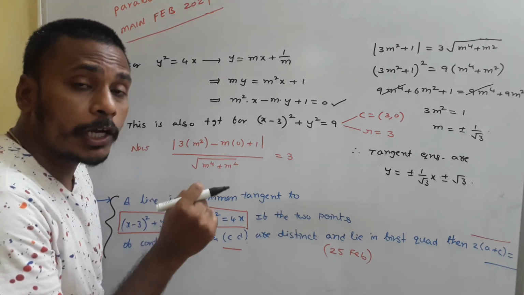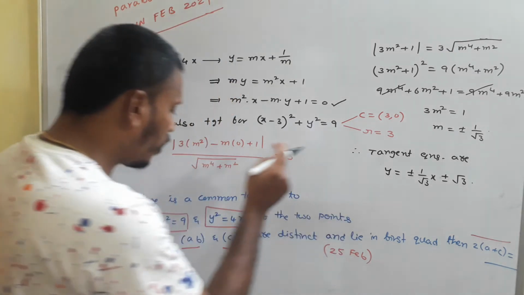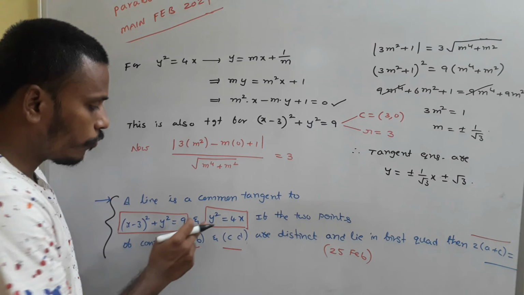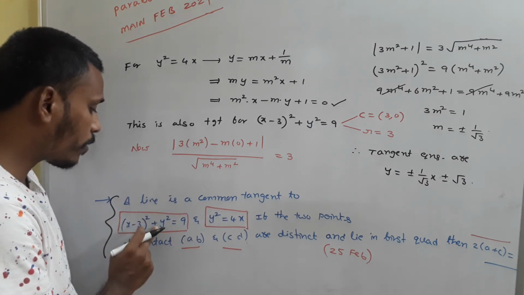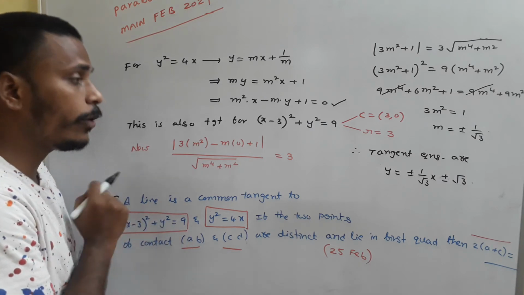Now to get the point of contact of the tangent with the parabola, we need y square equals 4x, and in the same way x minus 3 whole square plus y square equals 9. Here again we need y square.